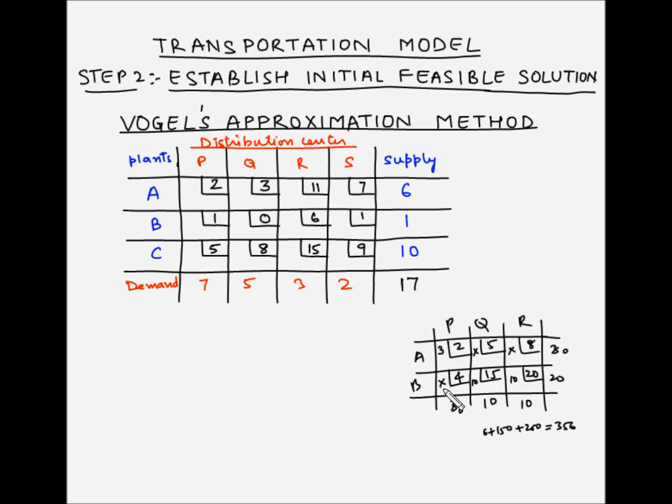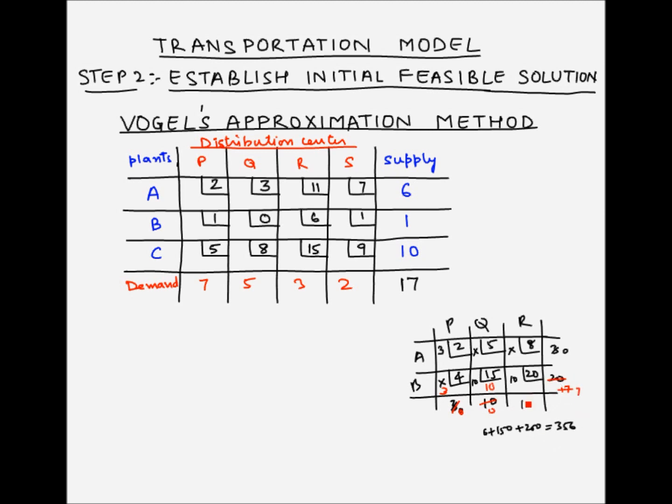So here you will allocate 3 units to BP. This allocation satisfies this demand, so this becomes 0 and this becomes 17. Now after allocating 3 units to BP, let's say we allocate 10 units to BQ. So this demand becomes 0 and this becomes 7.